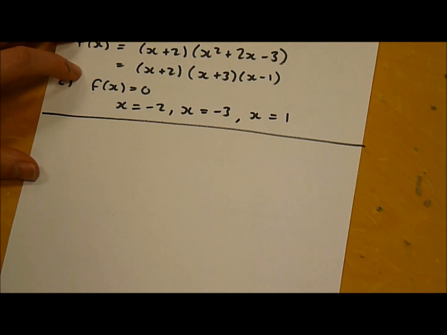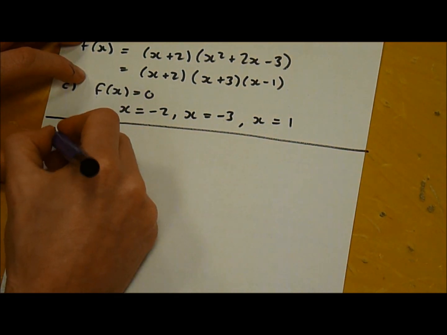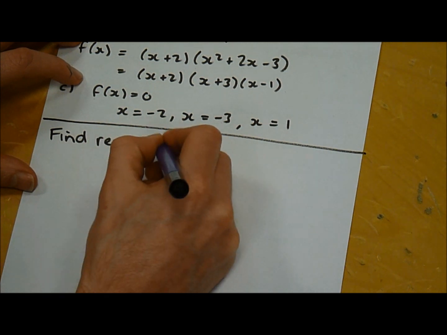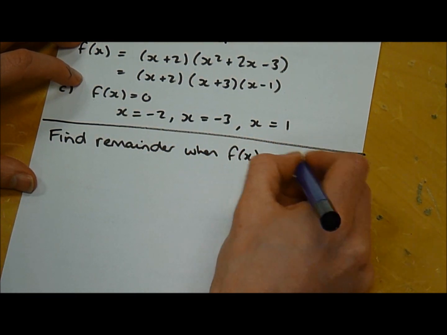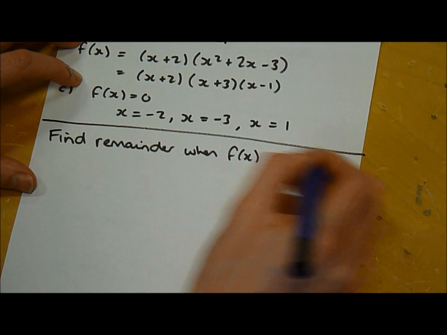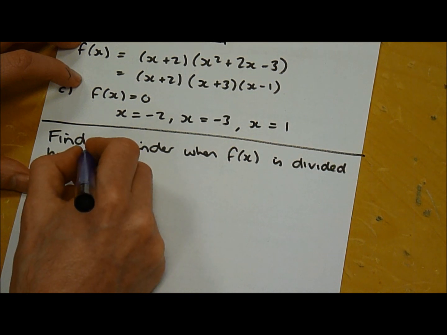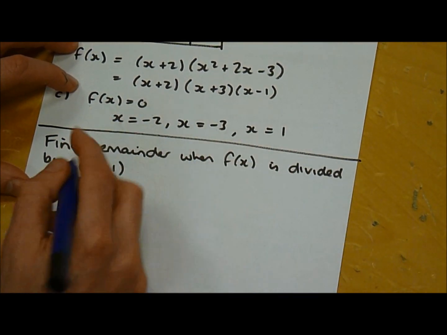Right, what about if we're asked to find a remainder? So let's find the remainder when f of x is divided by x plus 1. Okay, so what we'd do is we'd do the same thing.